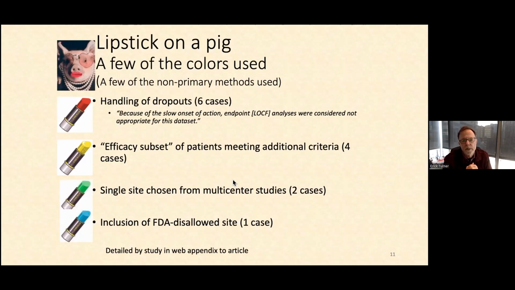In 6 cases, the most common maneuver was how dropouts were handled. There are always going to be dropouts in clinical trials, and statistically there need to be ways of accounting for them, because you don't want to just ignore the people that dropped out, given the intent to treat principle.